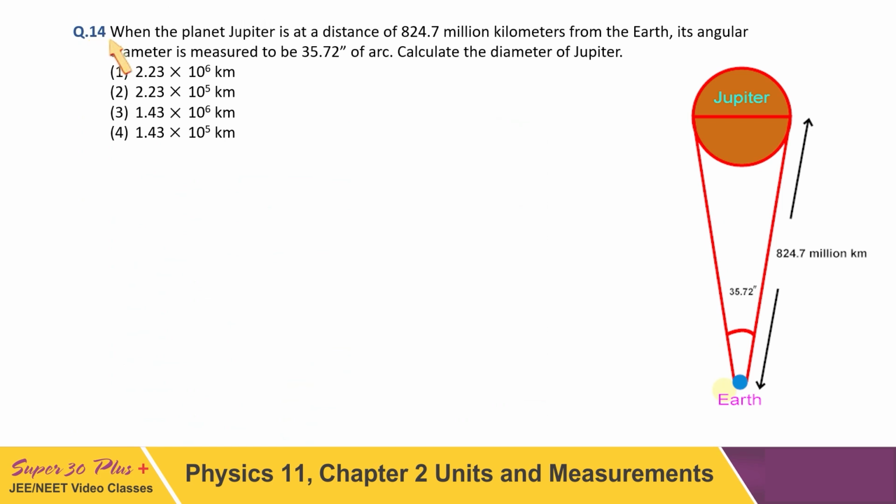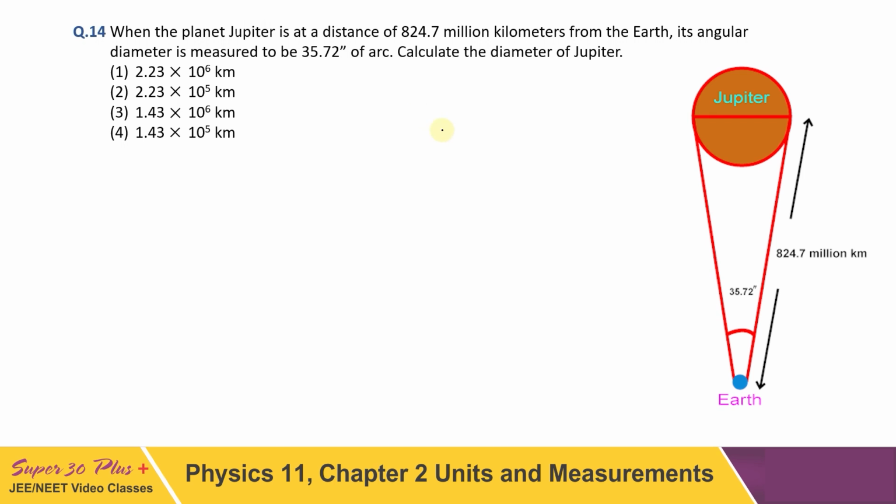Question says, when planet Jupiter is at a distance of 824.7 million kilometers from Earth, its angular diameter is measured to be 35.72 second of arc. Calculate the diameter of Jupiter. Now if you can recall, I had told you about the method of parallax. What that was?